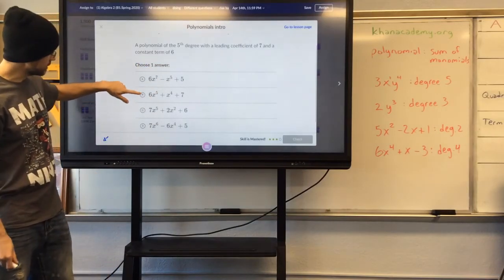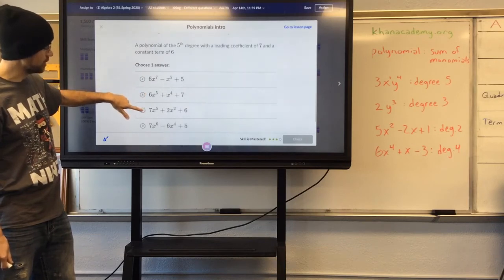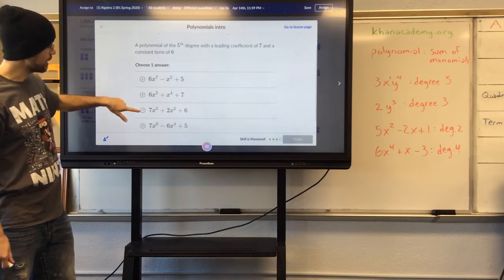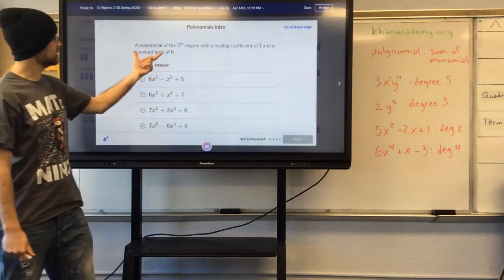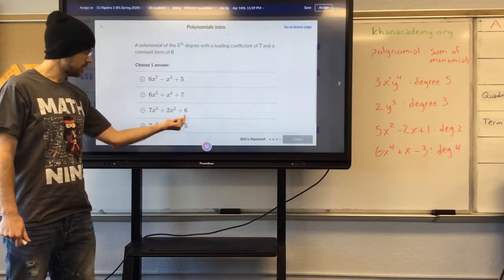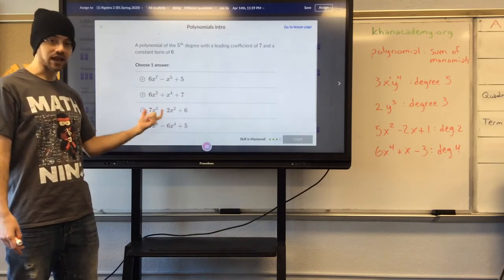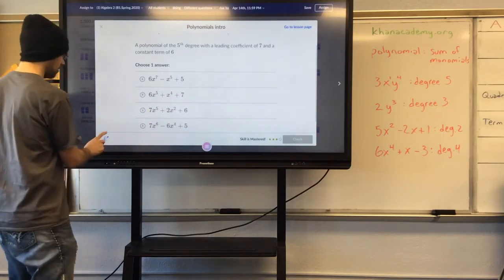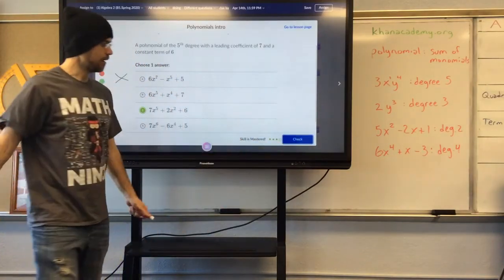So in this case, 6 is the leading coefficient, and in this case, 7 is the leading coefficient. So C is the right answer, we know already, but just to confirm, the last bit of information says the constant is 6. Well, here's the constant, and it's 6. It's the constant because it's not changing as x changes. So we know our answer now is C. And we're done.